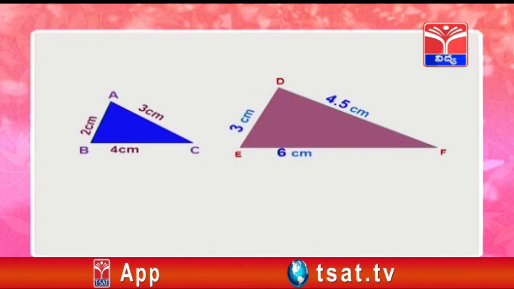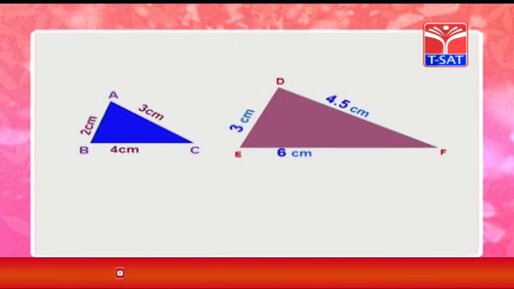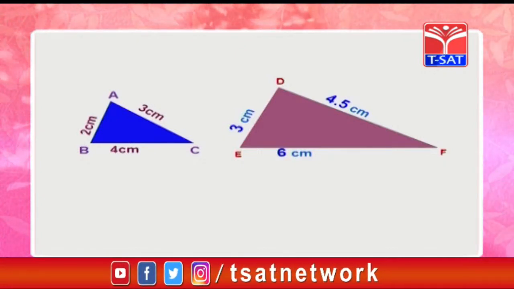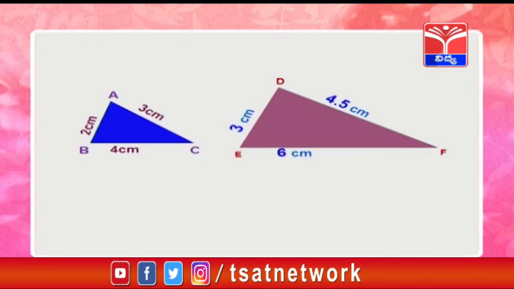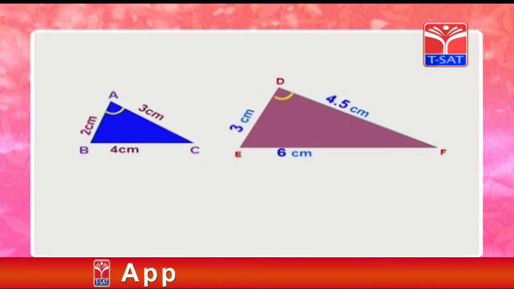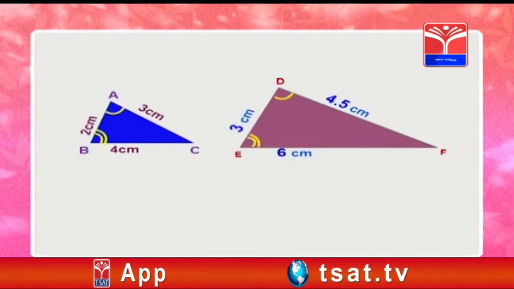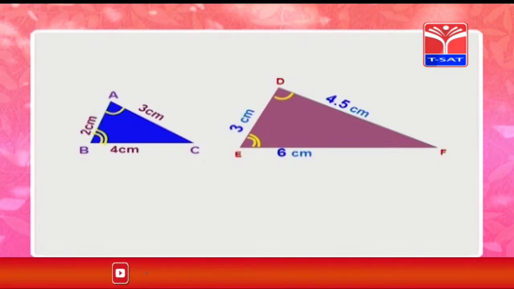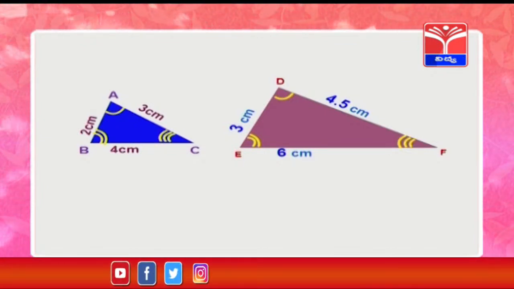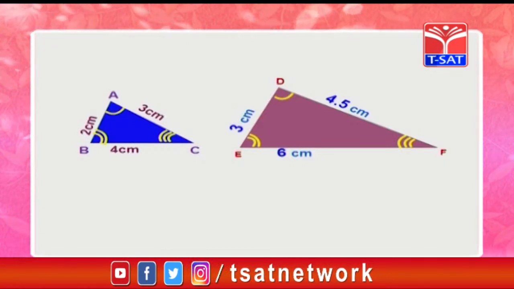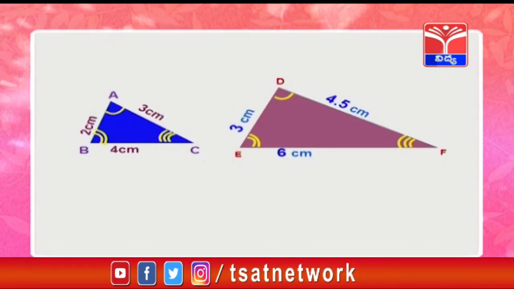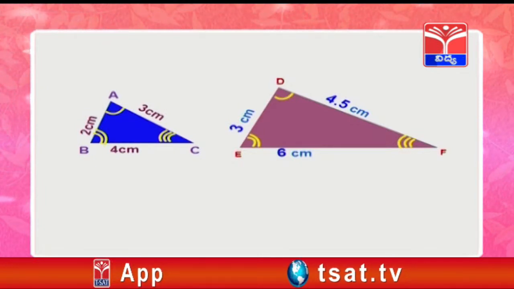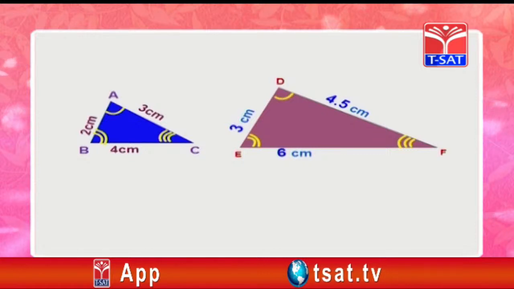When you closely observe these two triangles, you can see that they look same in shape, but they have different measurements. Their sides have different measurements. Observe, even the angle A is equal to angle D. Angle B is given as equal in measure to angle E. Angle C is equal to angle F. That is, the corresponding angles in the triangle ABC and triangle DEF are equal in measure, but we see that their sides are different.